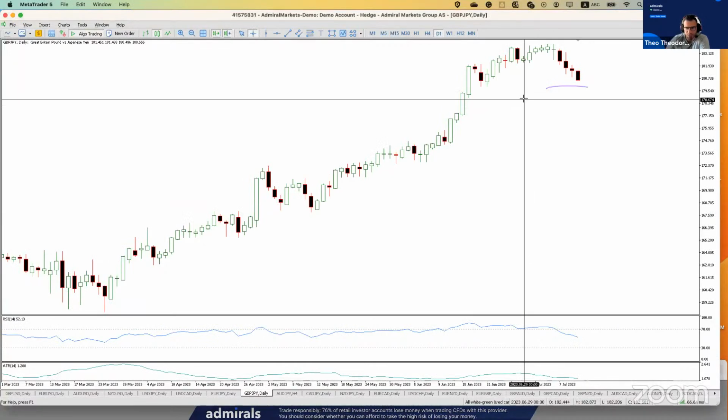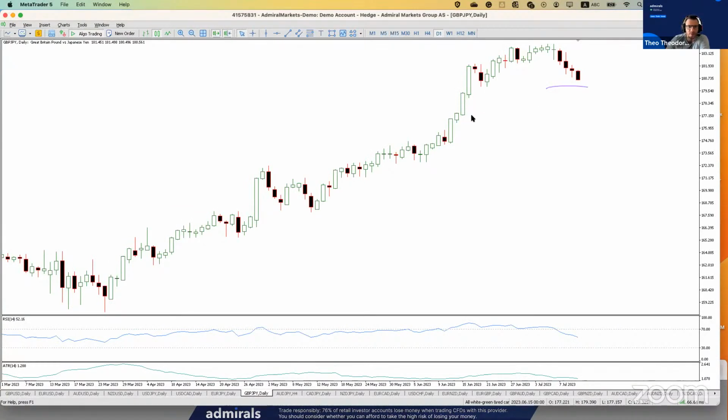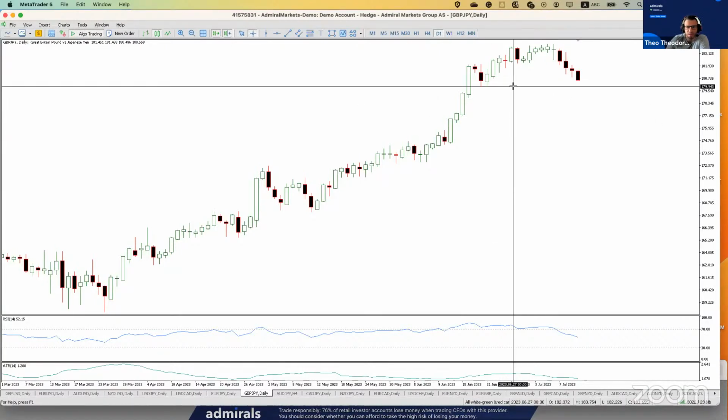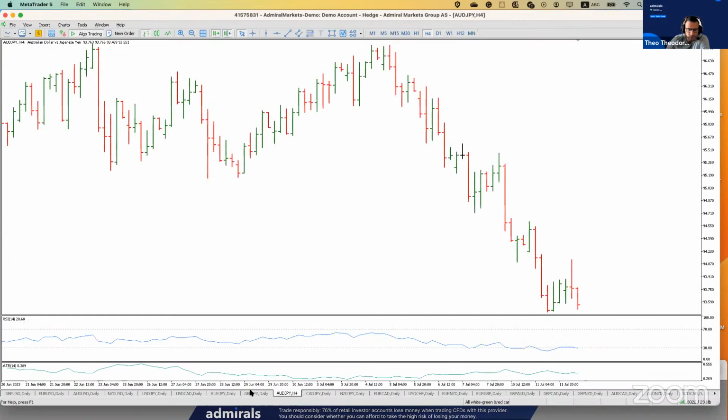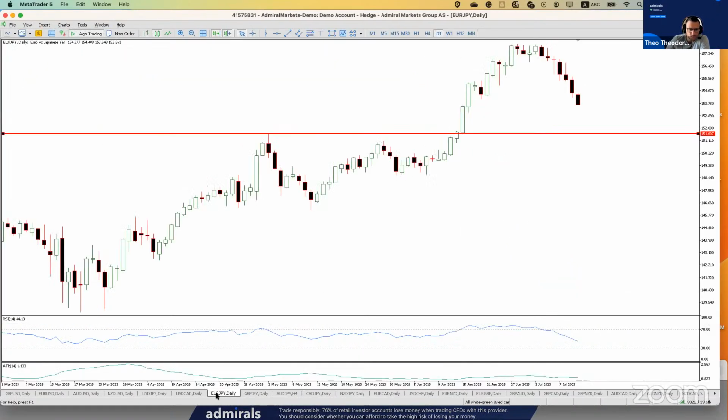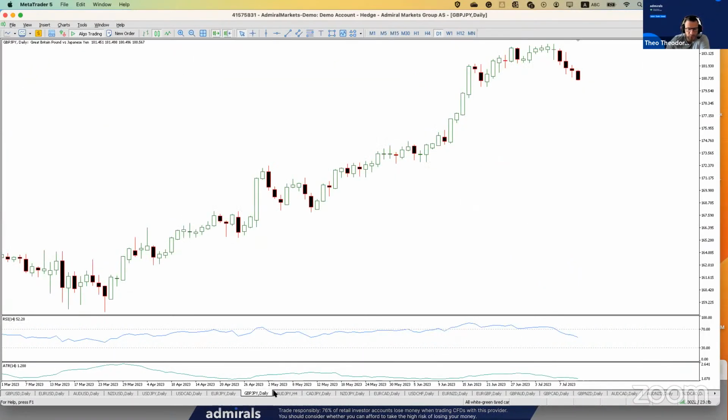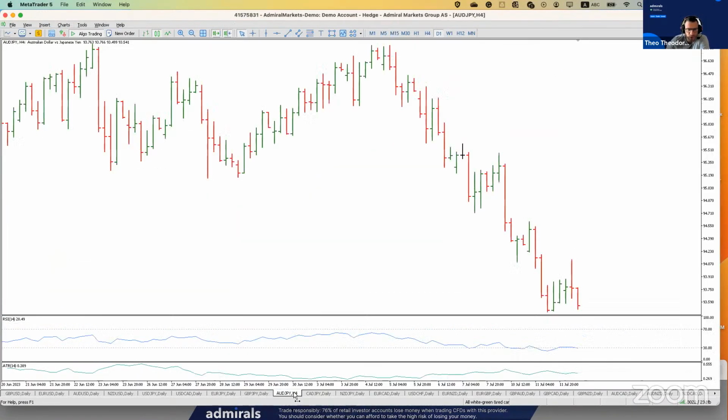So we do expect to see some pullback around these areas here. But for today, everything looks like going short, at least for another 50 pips. So mark this in your watch list: Euro yen, Pound yen. If you are trading short time frames, looks like good opportunities for shorts.